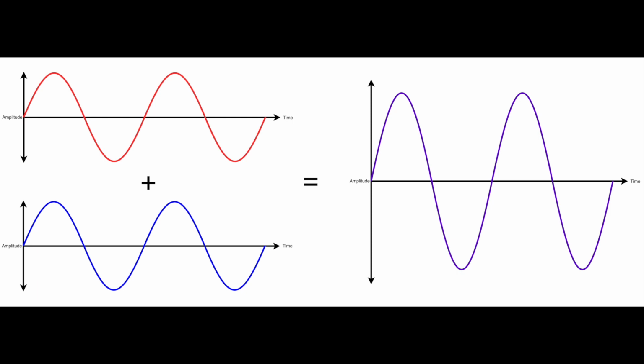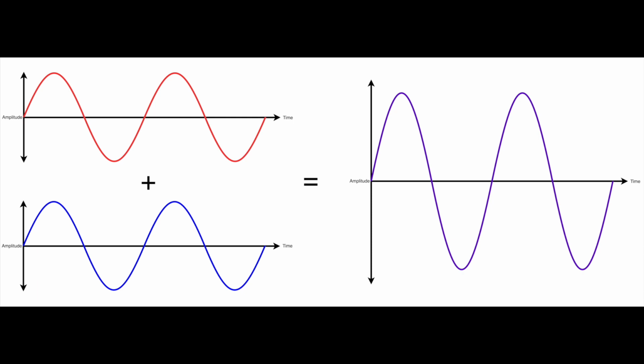So if we have two sine waves, identical waveforms, that are completely in phase, we will have both waveforms going from 0 up to positive maximum amplitude together, coming back down through 0, going to maximum negative amplitude together, and then coming back up to 0.